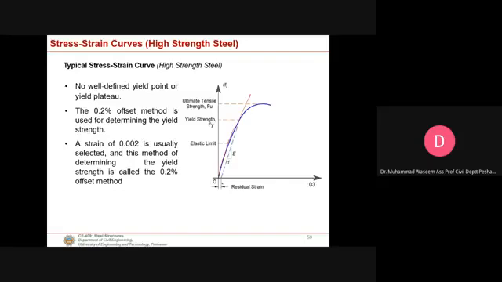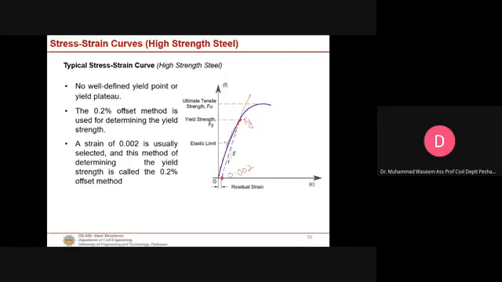Then you go to the strain axis and you pick a value which is 0.002. You draw a parallel line to this tangent. The point at which this parallel line intercepts the original stress strain curve, we call the yield point.